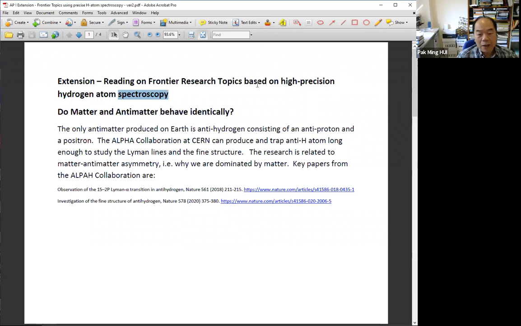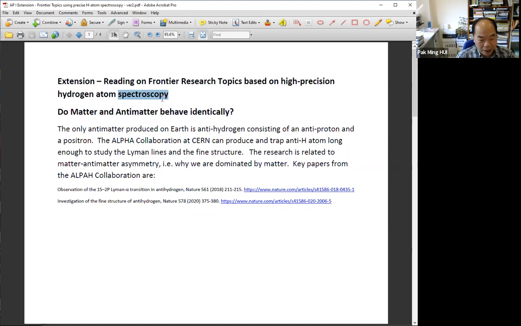Even this hydrogen atom spectroscopy has been around for 150 years, starting from the Balmer series, Lyman series, 1870 or so, up to now. Much frontier research is still relying on the hydrogen atom, but now with very accurate measurements.